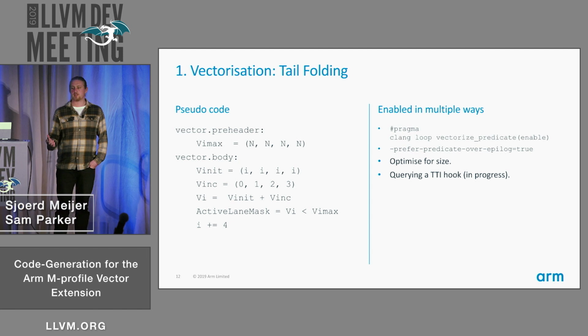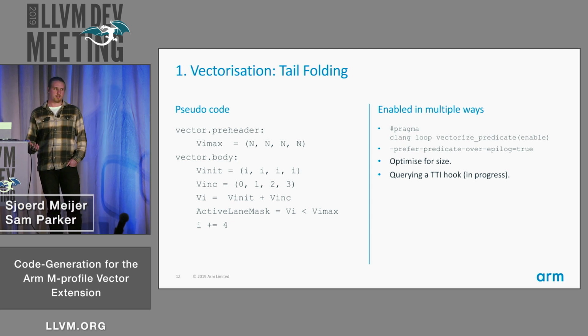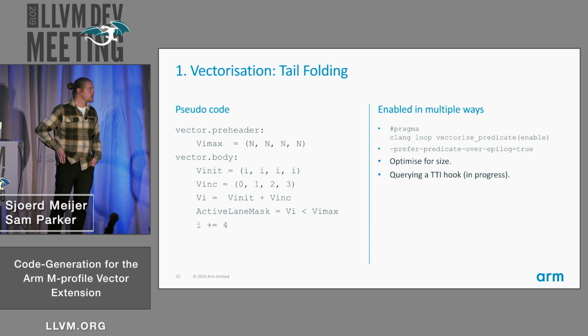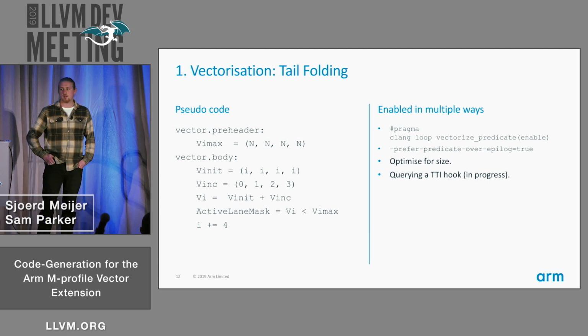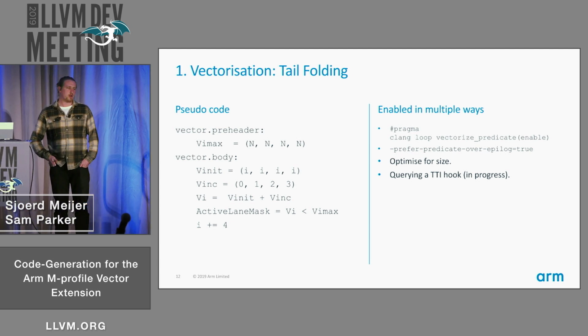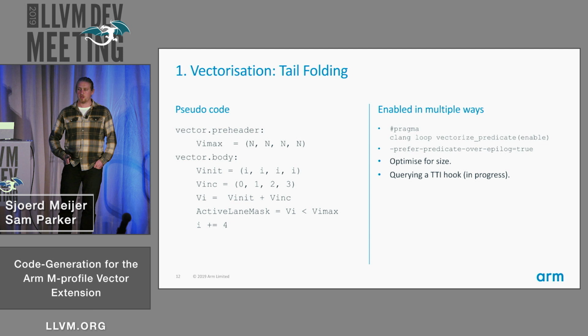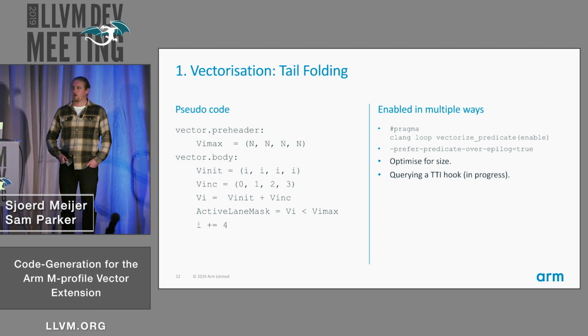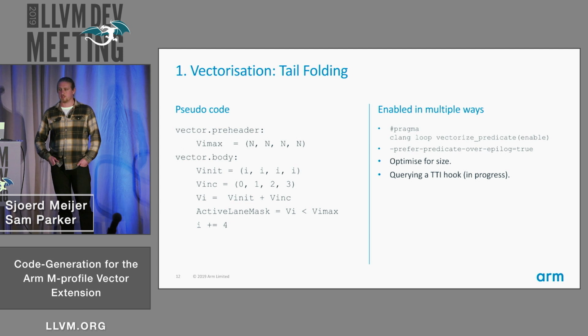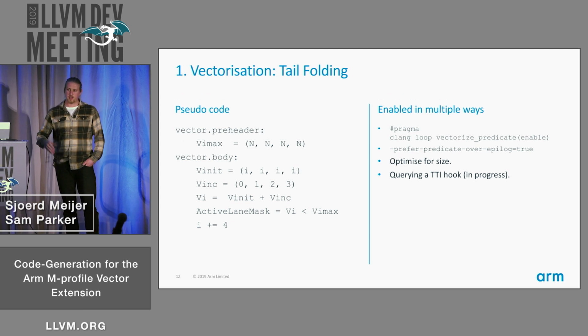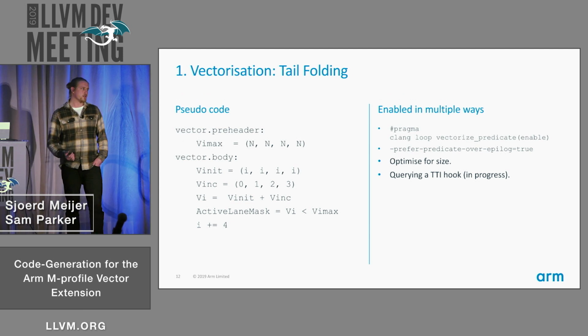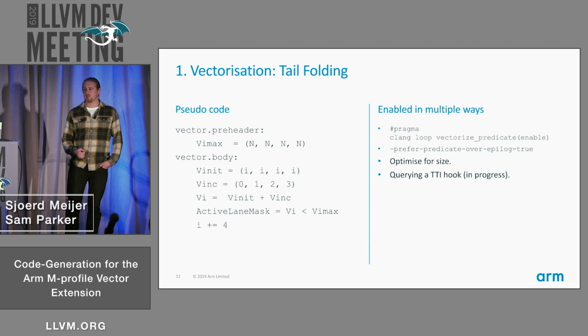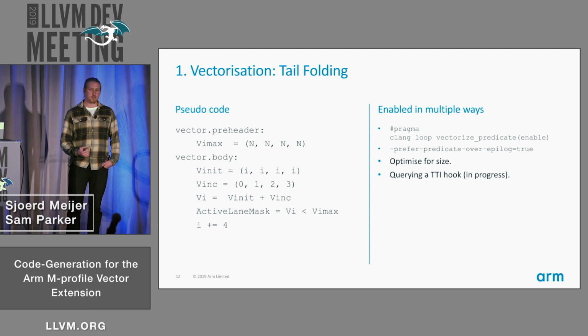And that functionality already existed in the vectorizer, and this would be triggered when you're optimizing for size. So now you can use a command line option to trigger this manually, or you can use a Clang pragma, so the end user can specify per loop if they want this to be performed. And now we're implementing a TTI hook, so the backend can actually specify per loop when this should be triggered.